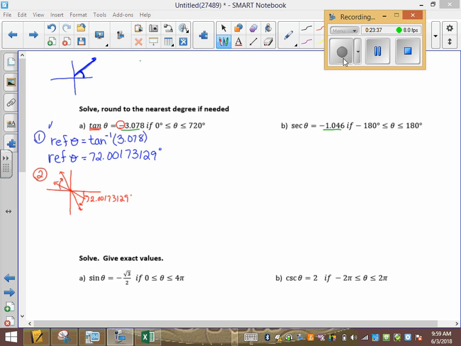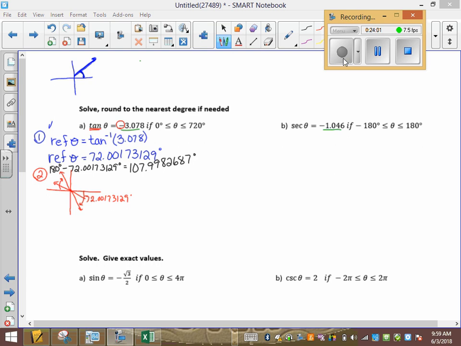So for this one, if I go 180 degrees minus the reference angle, I'm left with 107.9982687 degrees. Great.